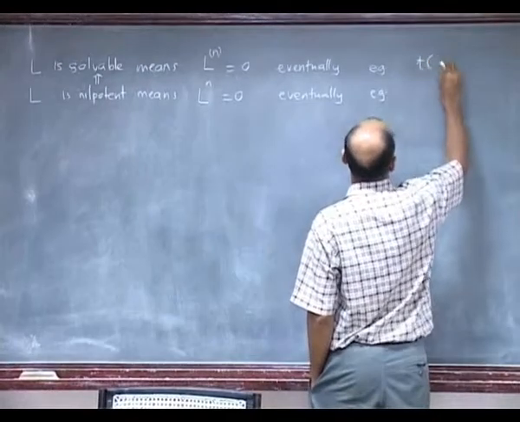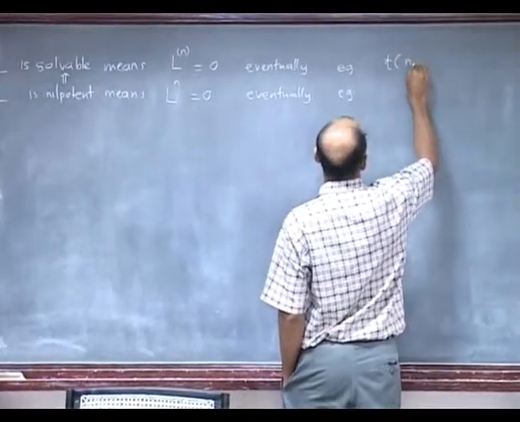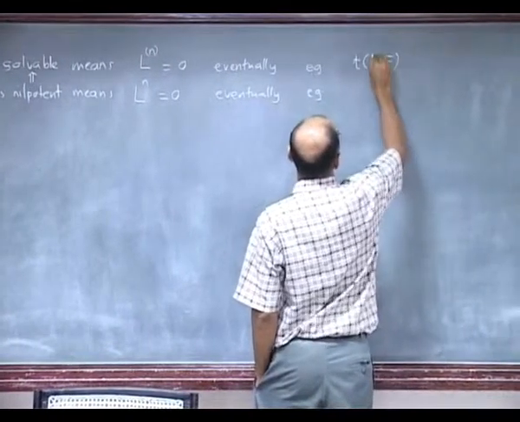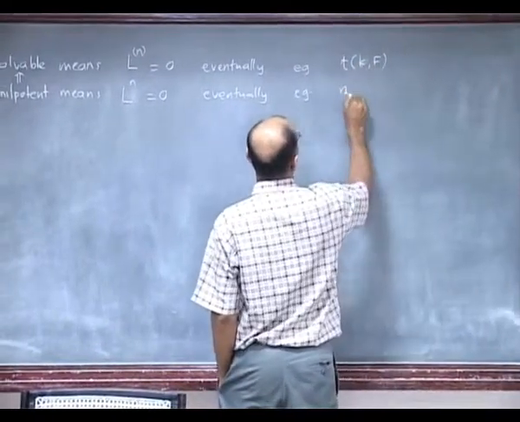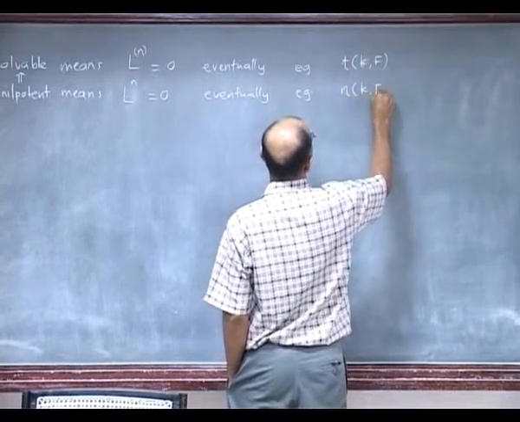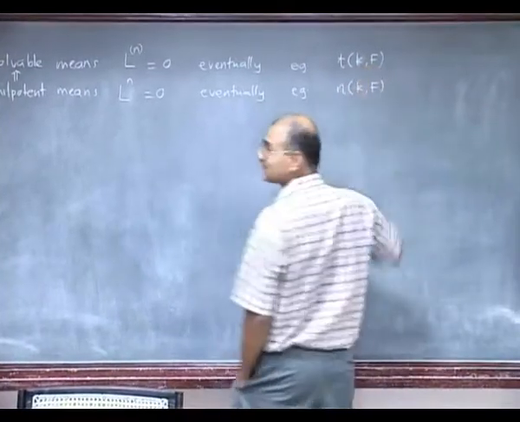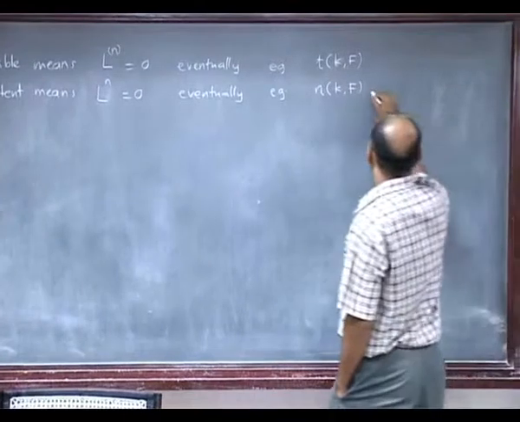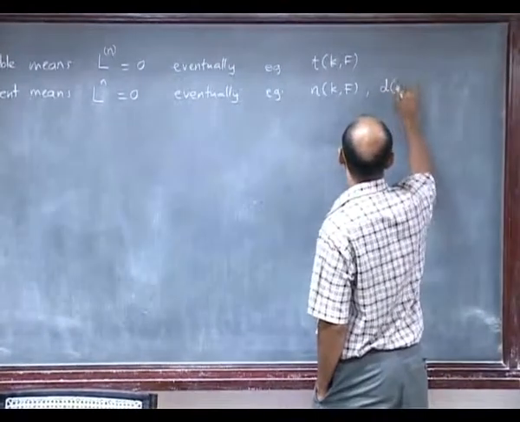So, the upper triangular matrices, let me use K, and here the strictly upper triangular matrices, K is the size and F is the field, remember. But also the diagonal ones, right.